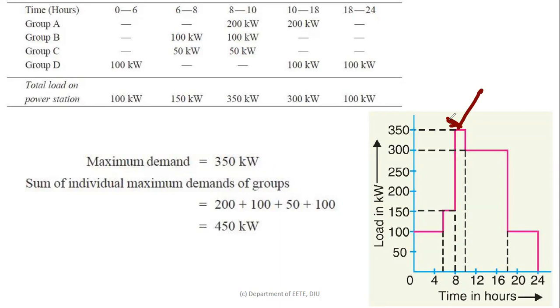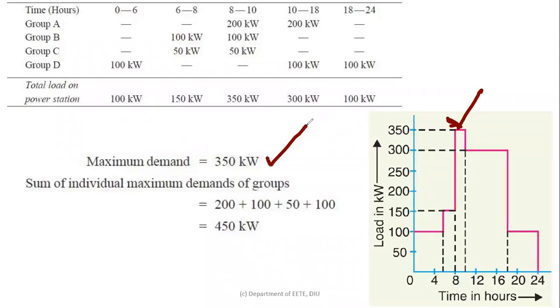There are 4 groups connected, but the maximum demand of that power station is 350 kilowatt, and it happens at 8 to 10, that means in the morning. So that's why the maximum demand is given as 350 kilowatt.